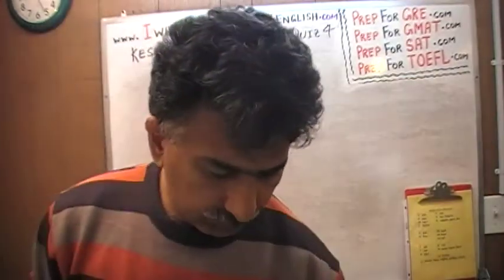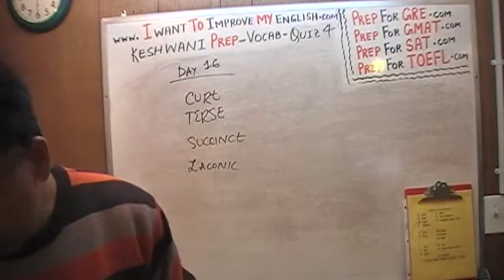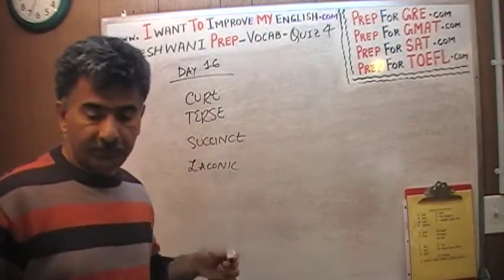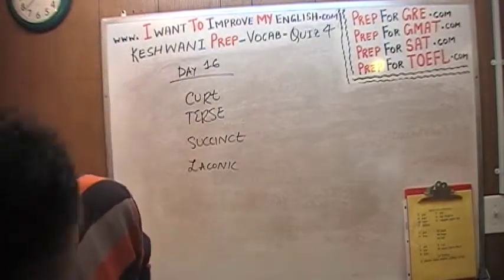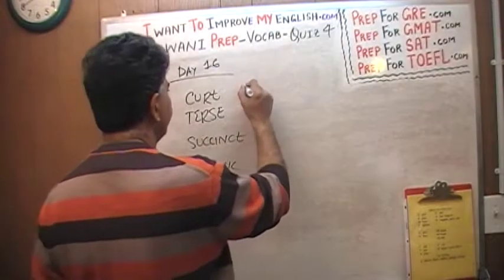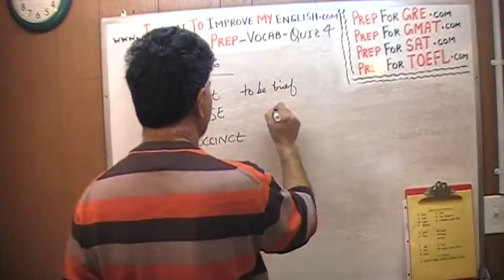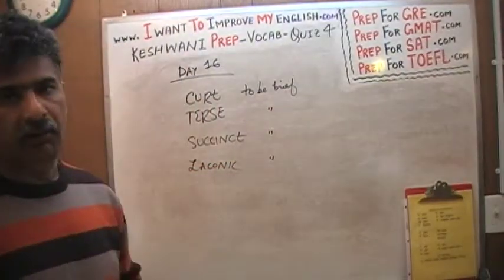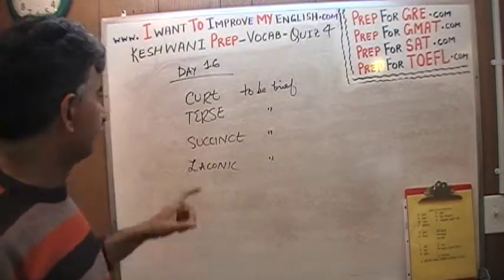To make you understand the concept of what it means to connote, what it means to have a certain connotation. All of this, so as an example, we learned these 4 words. And all of these words mean to be brief. All of them, to be brief. But they have different connotations. You see, the word connotation in the context, they have different connotations.